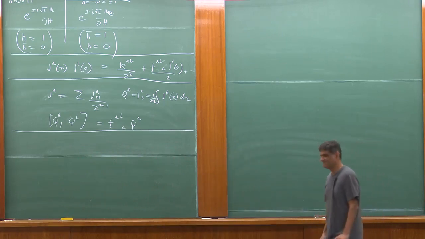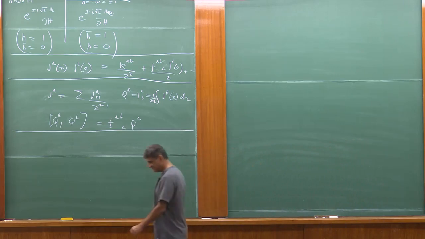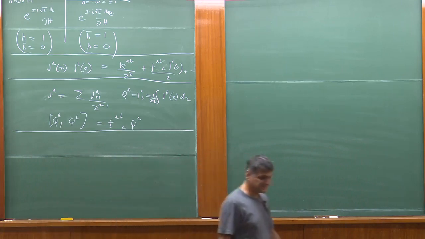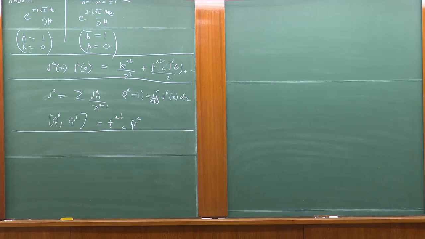Because the way I found the central charge is by taking the OPE of T with T. Yes, it's an excellent question, and the answer is yes. There is this thing called the Sugawara construction, which tells you how to construct a stress tensor of such theories in terms of bilinears of the currents. We will study that later.